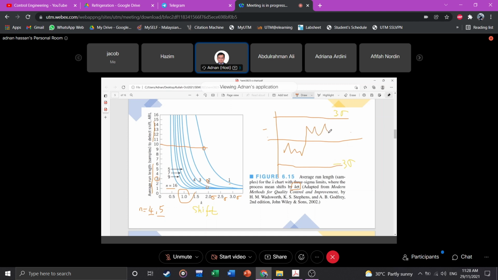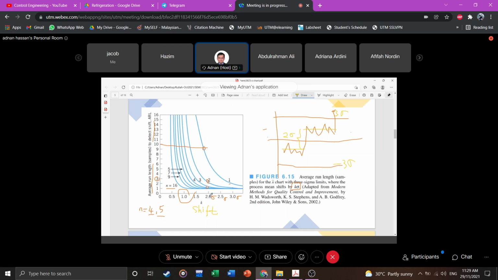Then there will be a point outside. Assuming this shift, let me take an easy number here, 2. Let's say the shift from here to here is happening at 2 sigma.